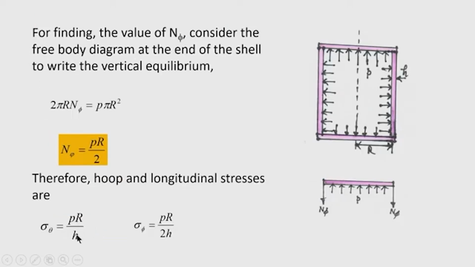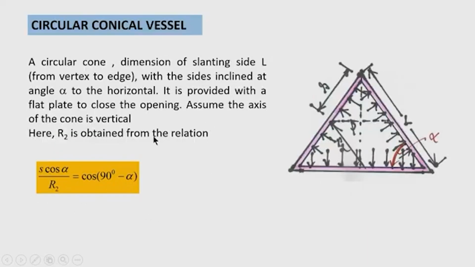So, hoop stress is P r by h, and the longitudinal stress, that is the meridional stress, will be sigma phi equal to P r by 2 h. So, this is the analysis of the circular cylindrical pressure vessel. Now, let us take a circular conical vessel, a circular cone of slant length L. You can see this is the circular cone and it is closed at the end.